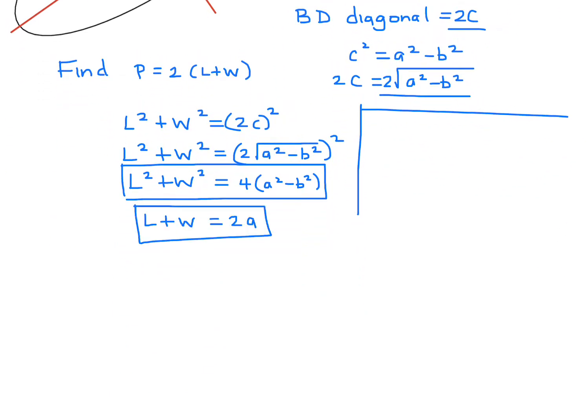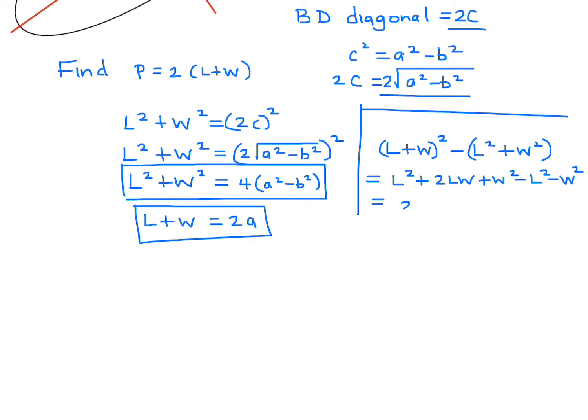Now, before I get into the calculation, I want to remind you of a few things. L plus W squared minus L squared plus W squared. Now, it might seem a bit strange to write it like this, but watch what happens. L squared plus 2LW plus W squared minus L squared minus W squared.